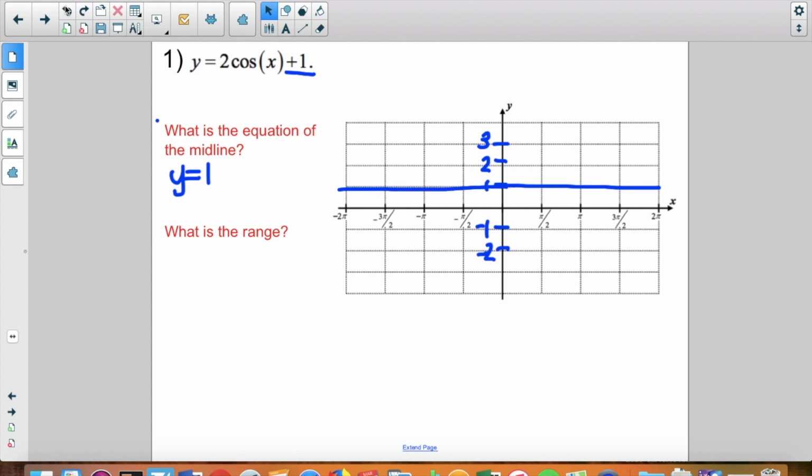Okay? Next thing, let's look at the amplitude. So our amplitude is 2. That tells us that to get to the max point, you have to go 2 units above the midline.